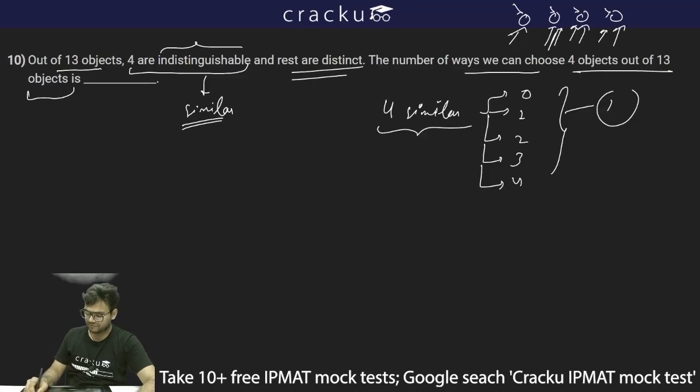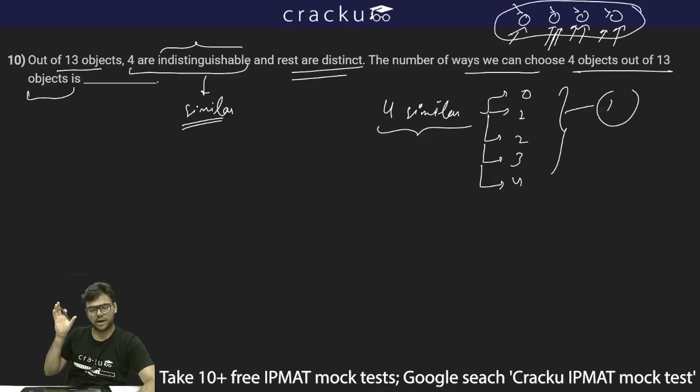There is only one way of doing this, because you have to just randomly choose either 0 or 1 or 2 or 3 or 4. You can just randomly pick any of the balls, and there will be no different way for it. There will be only one way for choosing 0, 1, 2, 3 or 4 similar objects out of the 4 similar objects.